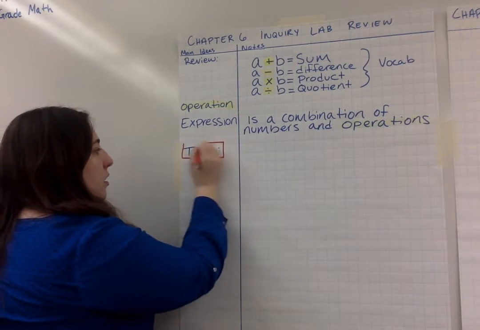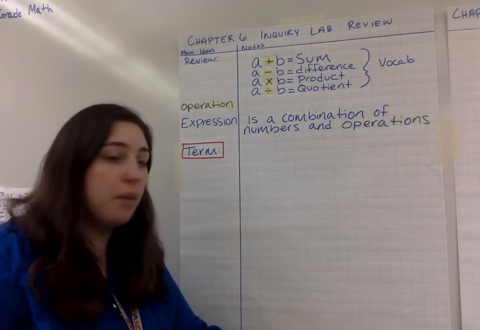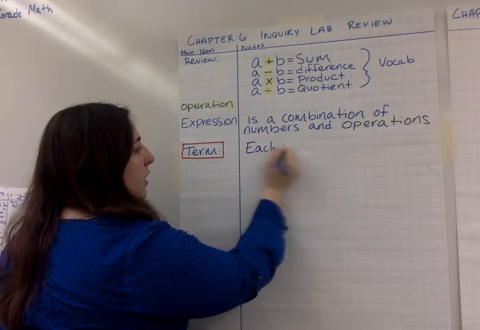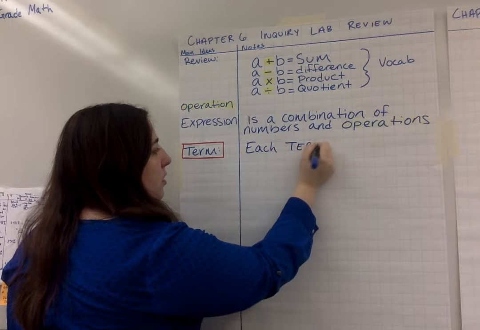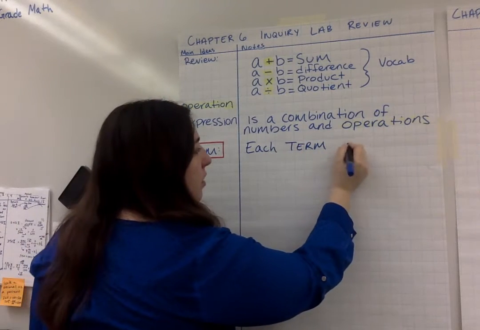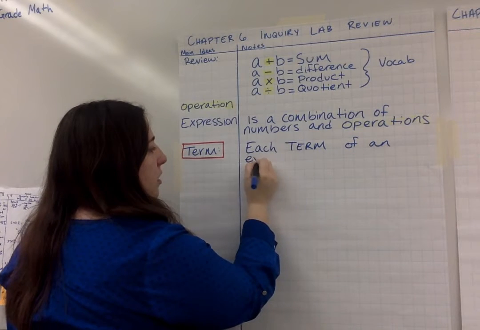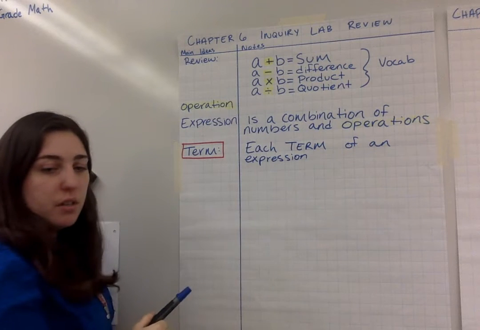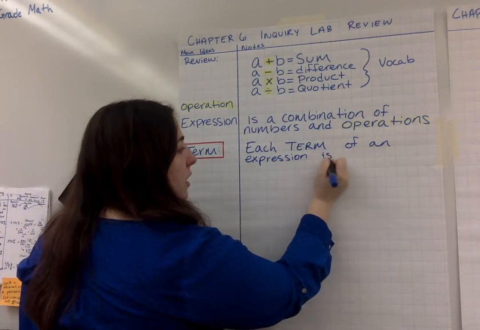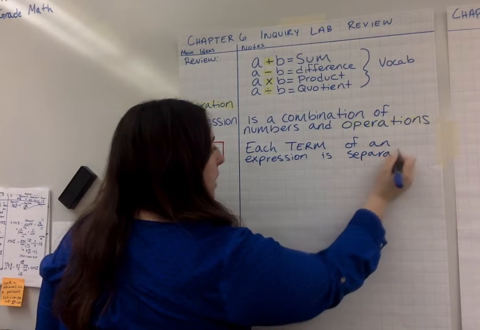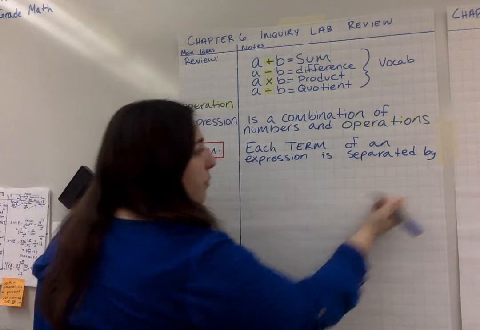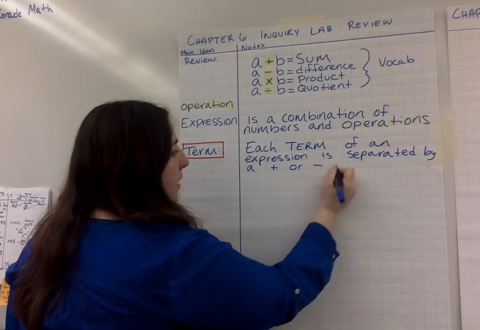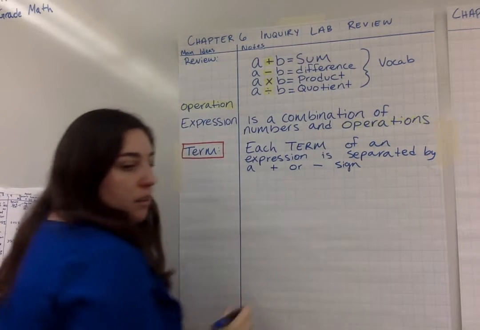So I'm going to just put a little border around that so we know that it's very important. So term, definition: each term of an expression, and we have the definition for expression, is separated by a plus or a minus sign.